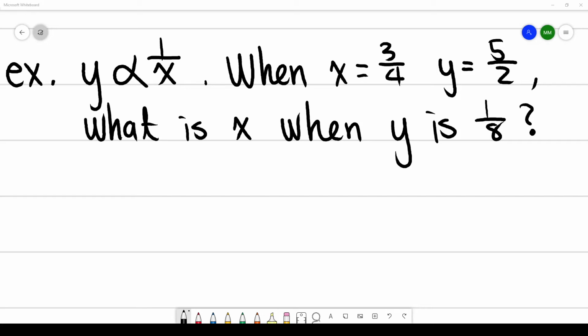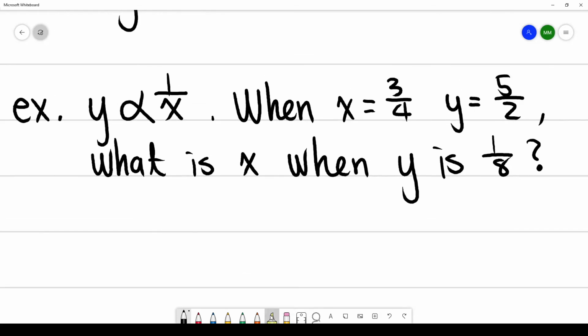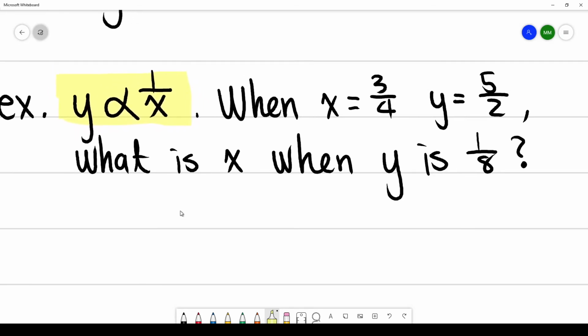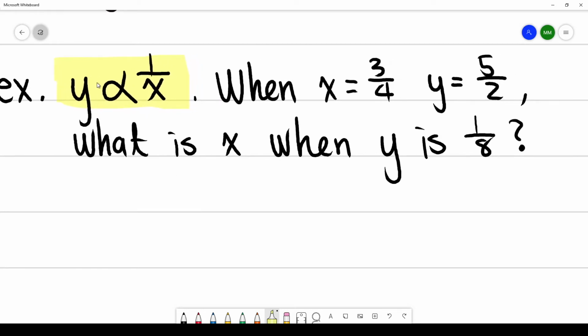No, it's okay. I think what messed you guys up is this one. Usually I write x is proportional to 1 over y. But these are just letters. They represent values, but they're just letters. So I can just change this to y and this to x.